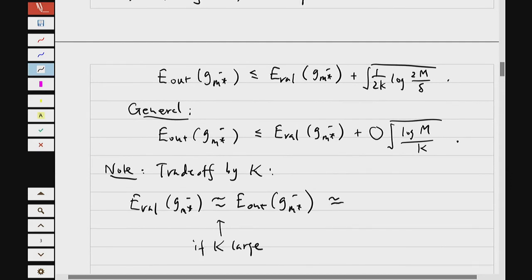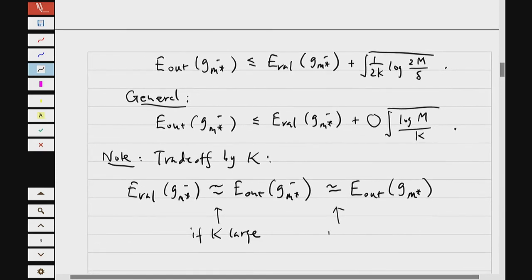But we also want this to be small. In other words, we want the case without validation, those two test errors, to be similar as well. But this only works if k is small. So we have a trade-off there on k, and in general, you can say, well, I'm going to pick 20% of my data points for validation, and 80% for training.